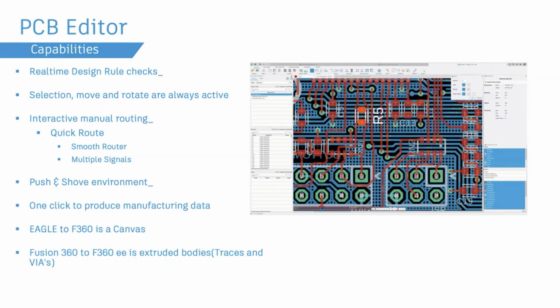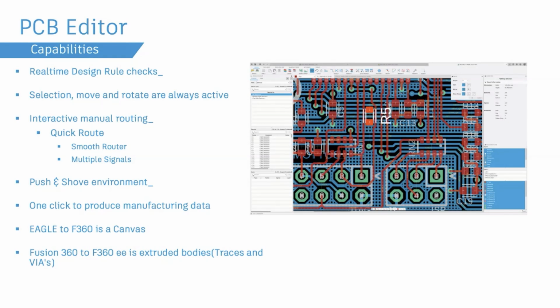Now, many of you are working with Eagle and Fusion 360, as I'm pretty sure. It's a really nice workflow. But when you push your PCB over to Fusion 360, it's a canvas. In other words, it's a drawing. It looks really good.